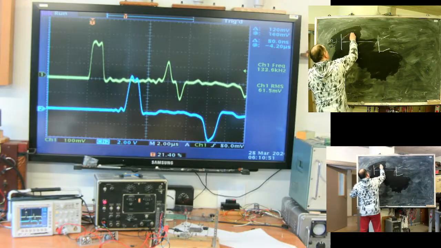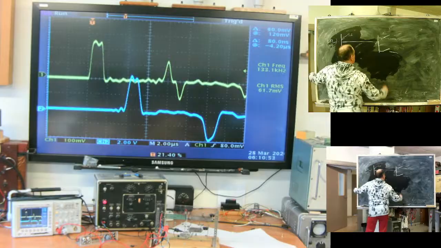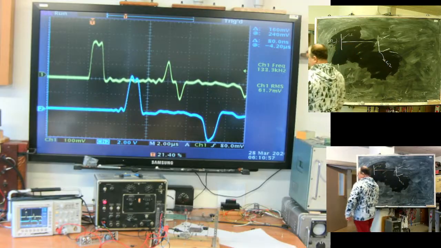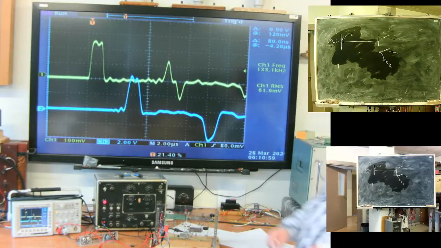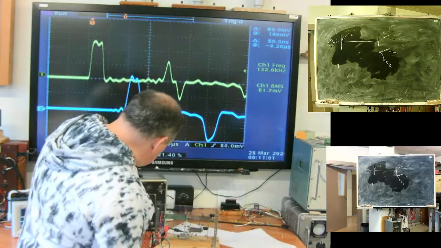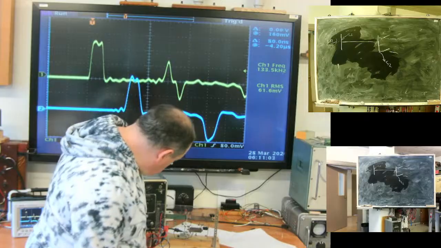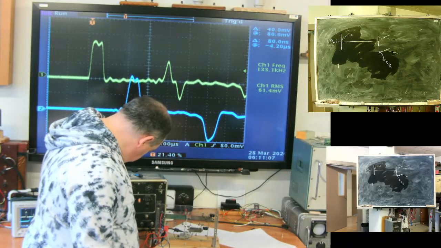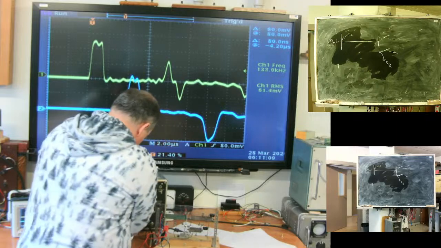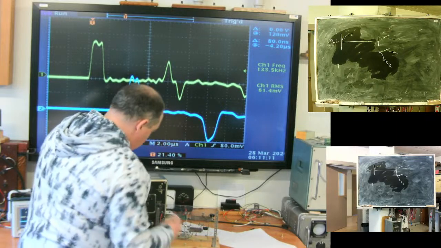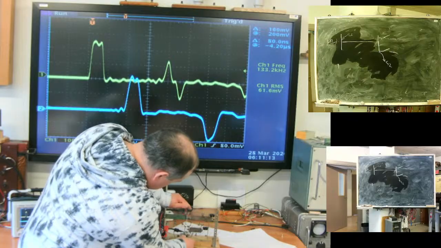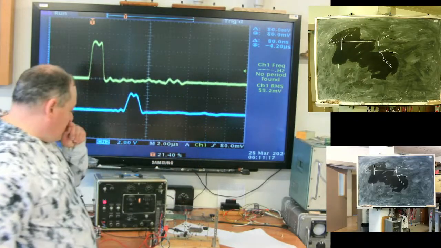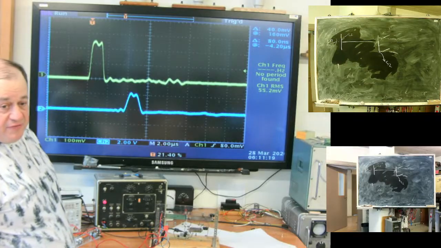Here I'm taking S1, and at this point S2. What can I imitate? To illustrate, what happens when the line is loaded with its wave resistance?